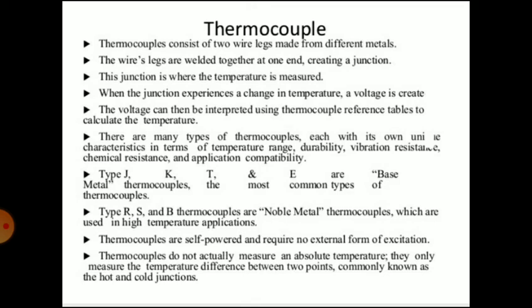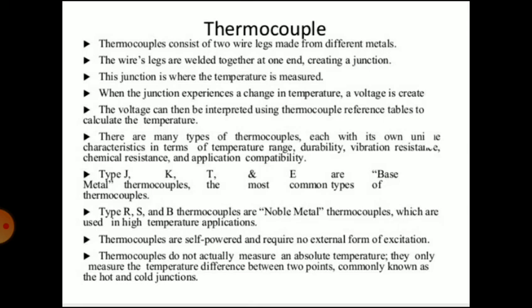Thermocouples consist of two wire legs made from different metals. The wire legs are welded together at one end, creating a junction. This junction is where the temperature is measured. It is placed where you have to measure the temperature in the environment.